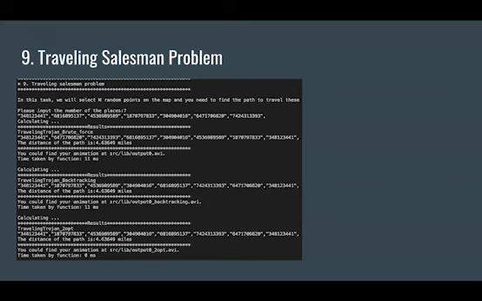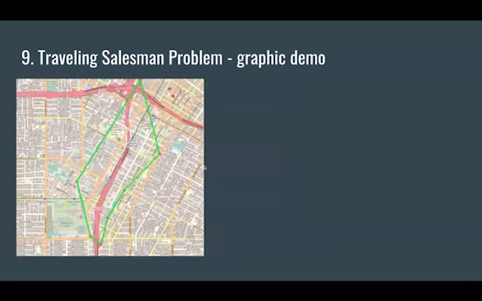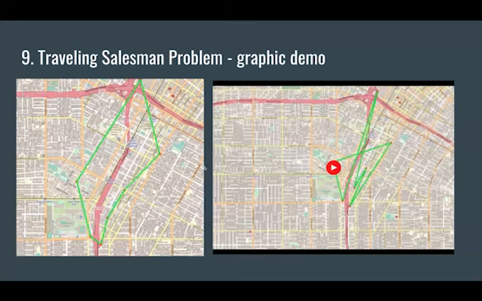So we can conclude that the time complexity of the traveling salesman problem increases exponentially as the number of places increases. Here's a small demo like we have for the previous problem.